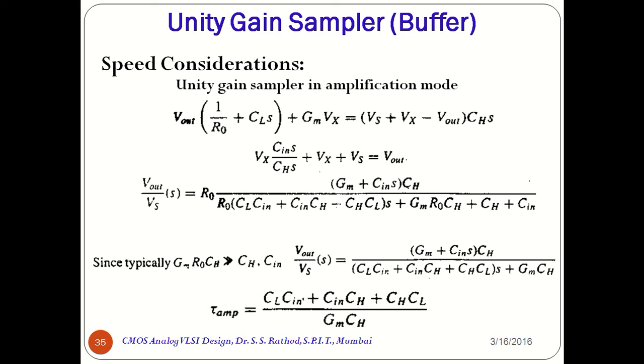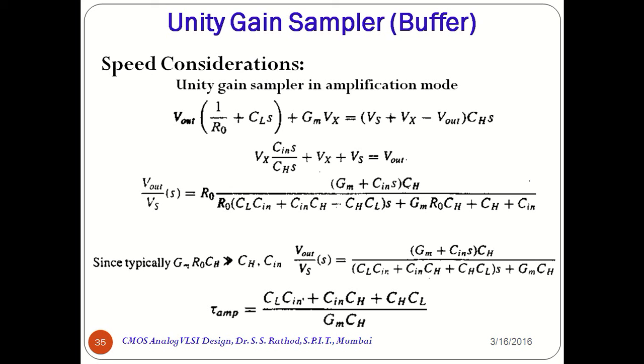And what this equation tells you is that the time constant in the amplification mode primarily depends on the capacitances and is independent of the op-amp output resistance. This is because higher R0 leads to a greater loop gain and it eventually yields a constant closed loop speed.